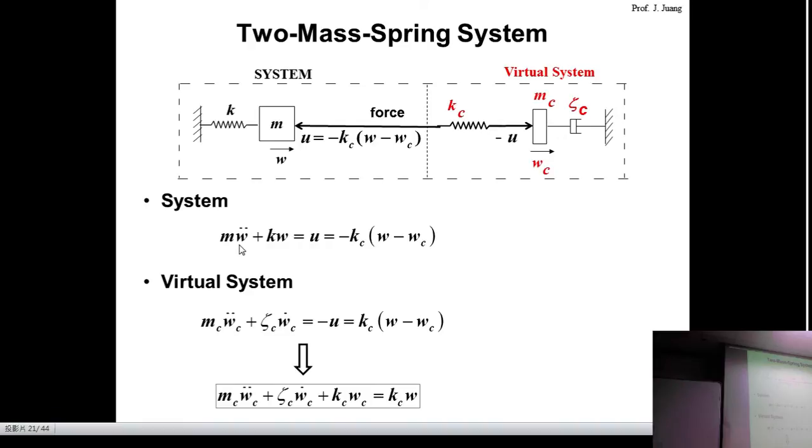So the trick is, the computer has to compute WC given the measurement W. As soon as they have that, they use this formulation to compute U, and that U will be the force provided by the actuator.